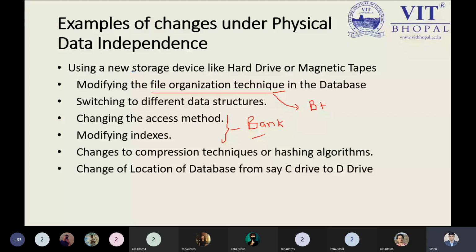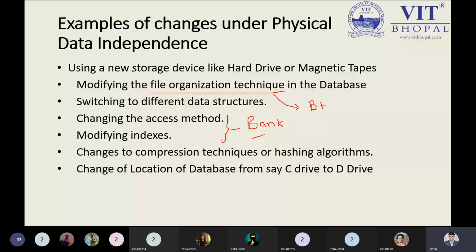But now customer ID is not sufficient to sort all the customer names. So what I can do is, based on the customer's Aadhaar card number, I can sort all the records. So if I'm modifying the indexes, meaning the aliasing of my table which is used to represent data in a sorted way, that is known as the indexes.